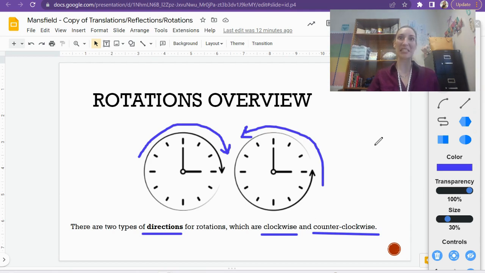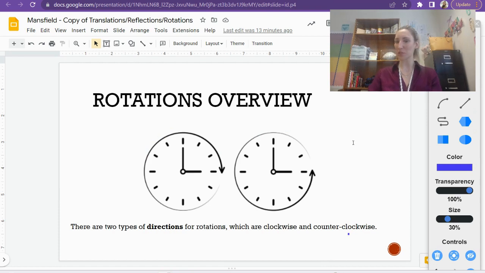It's moving against the direction of the clock, the other way that the clock goes. All right. So those are the two directions we're going to use. Now, those are very long words, right? And we like to abbreviate some words. So here's how we're going to abbreviate. Clockwise, we're going to say CW. Counterclockwise, CCW. So clockwise, counterclockwise. I hope that made sense.